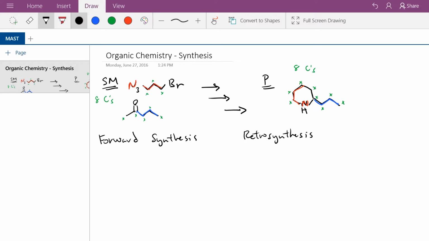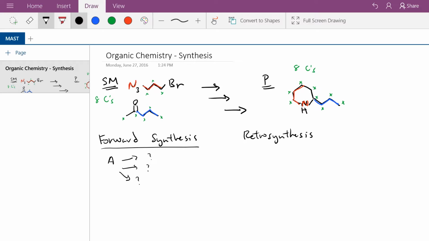In a forward synthesis, you're basically asking yourself, what can I turn the molecule of interest into? So let's say you have a molecule A, you can turn that into many different things. And you basically want to see if any of these reactions could possibly help convert your starting materials into something that's more similar to your product.